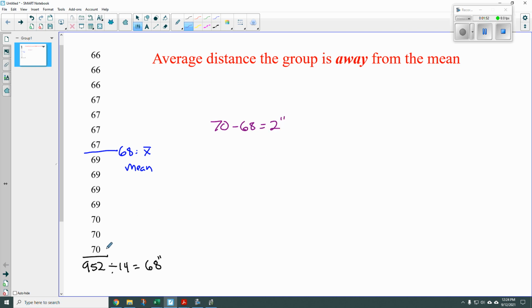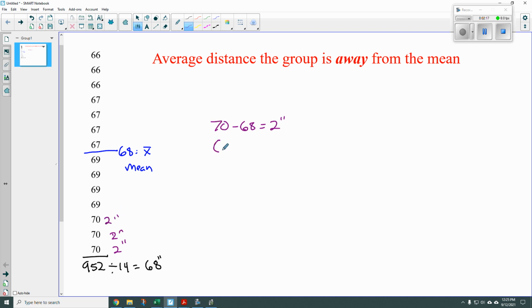So let's write that right here. This is 2 inches. Oh, and we have several 70s. I think I made a mistake. No, I just checked. I didn't make a mistake. So 2 inches, we have several 70s. So they're all 2 inches away from the mean.